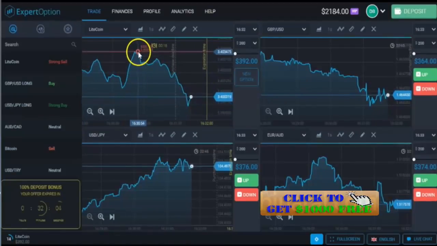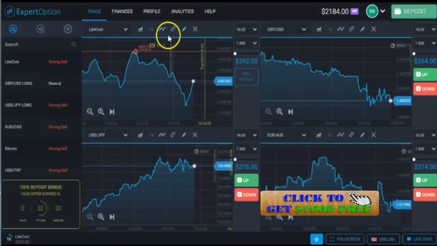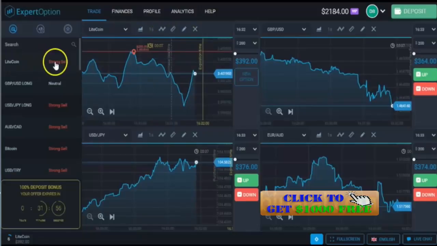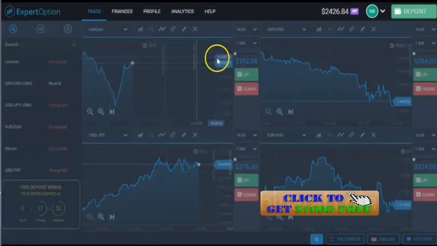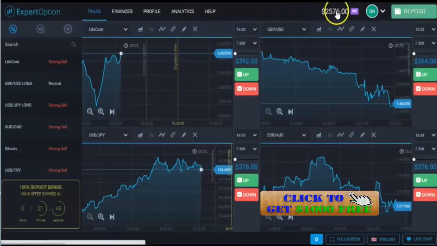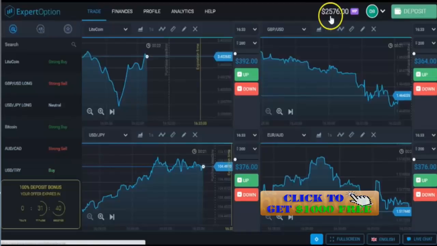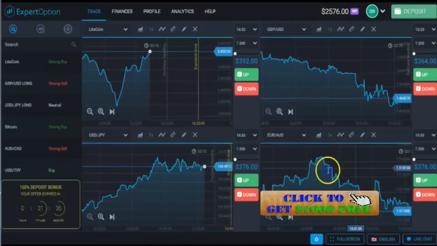So if the graph went up, we should better make a bet of $500 according to these signals every time. Here we have won this bet, $3,092. So in 5 minutes we have already earned $576, right?